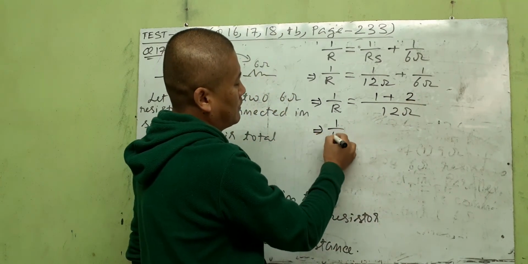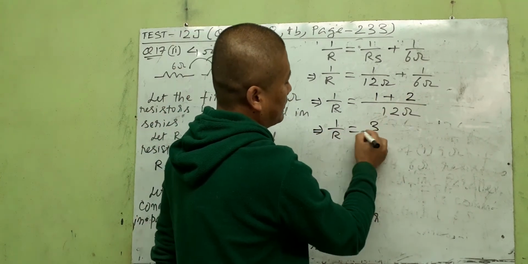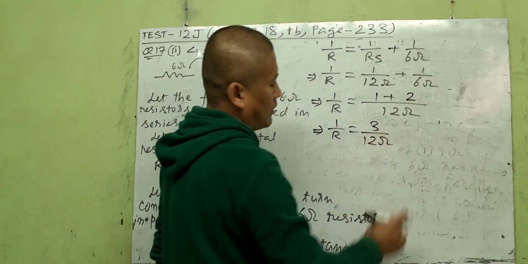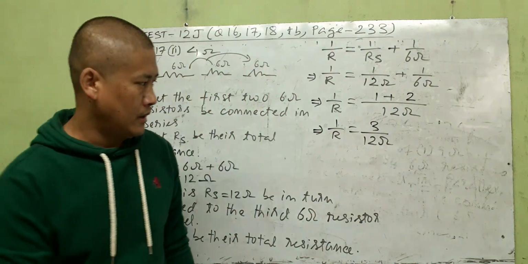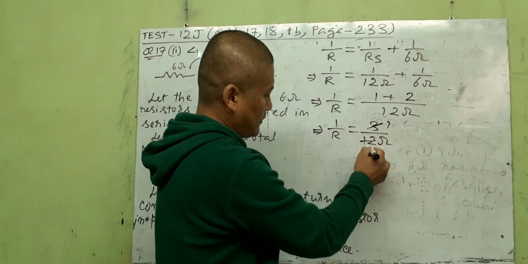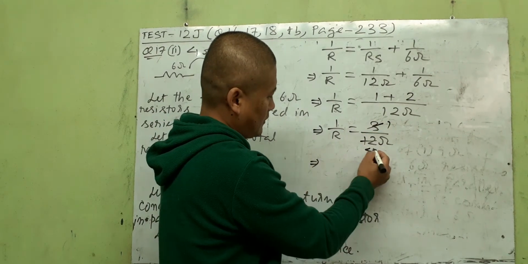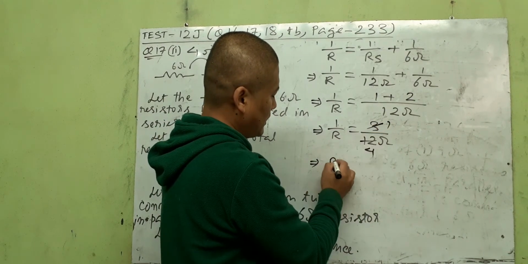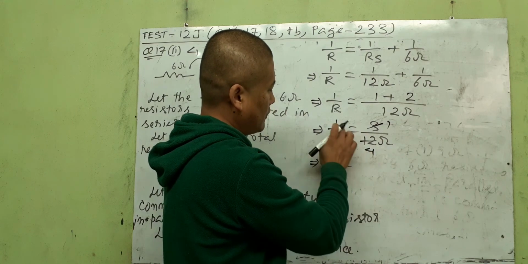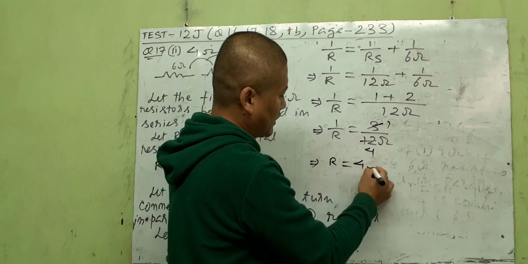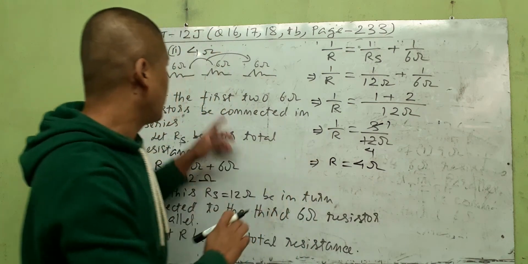So that gives us 1 by R equal to 1 plus 2 is 3 divided by 12 ohms. Easily cancel these, 3 ones are 3, 3 fours are 12. So cross multiply, R equals 4 ohms. The total is exactly coming the required 4.